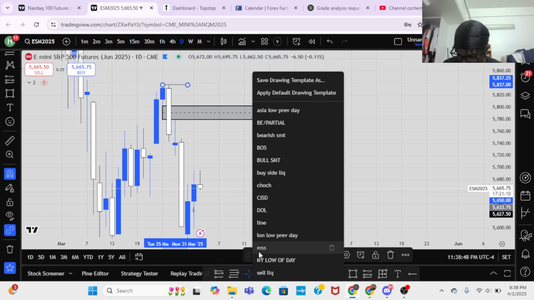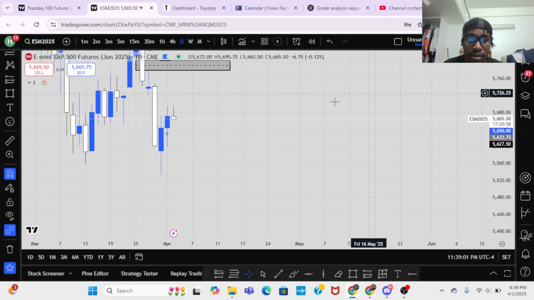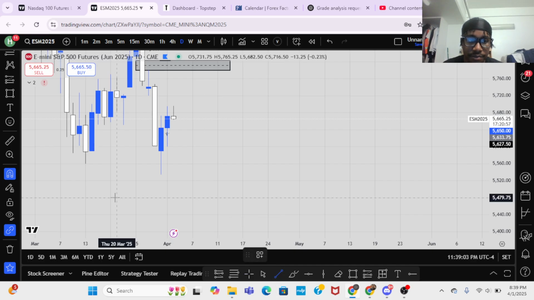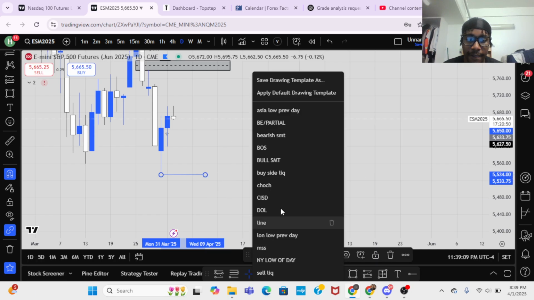So you consider this buy side liquidity, and that's just money resting above highs. Sell side liquidity is orders and money resting below these lows, right? Every single time we see this, we already assume, okay, price is going to go to one or two of these areas.